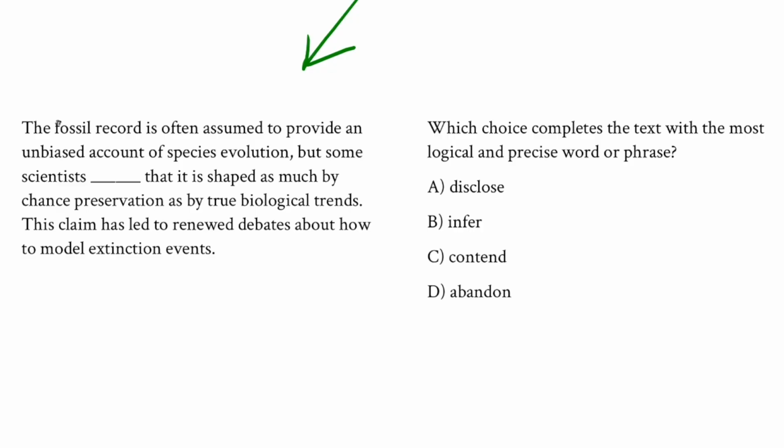And so this first example here says, the fossil record is often assumed to provide an unbiased account of species evolution, but some scientists blank that it is shaped as much by chance preservation as by true biological trends. This claim has led to renewed debates about how to model extinction events.